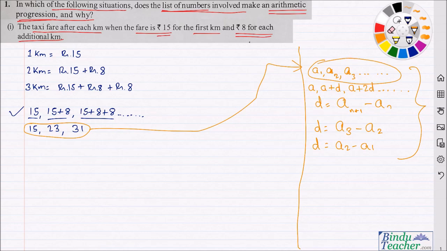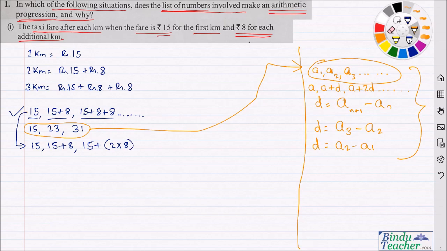Now I'll refer to the original equation. This can also be written as 15, 15 plus 8, 15 plus 2 into 8.